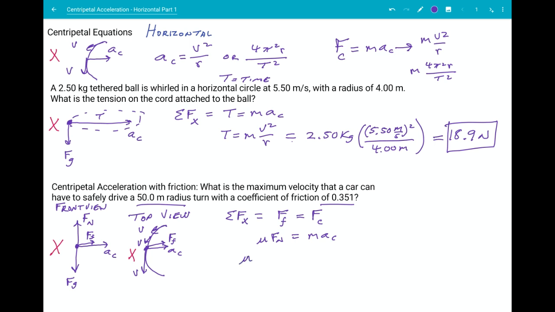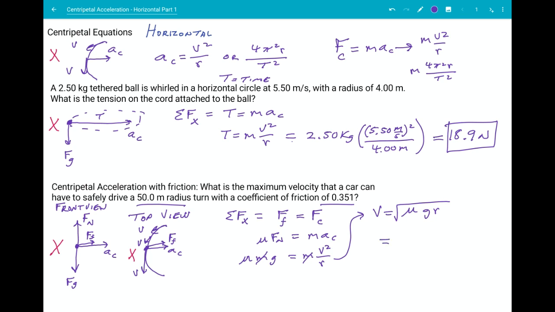Since Fn is equal to the weight, I'm going to write mg, that's for Fg. And then mass times velocity squared over r. Well, the mass drops. And to solve for velocity is just a little bit of algebra. You're going to end up with v equals the square root of mu g r. So we want velocity all by itself.